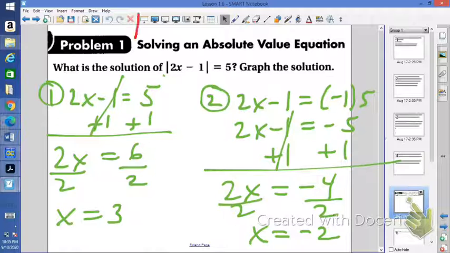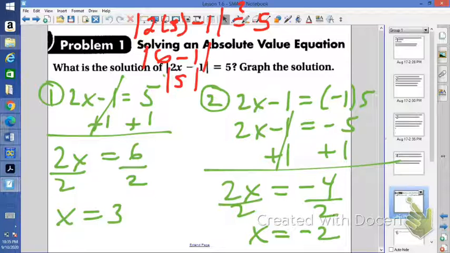The absolute value of 2 times 3 minus 1, does that equal 5? Well, 2 times 3 is 6, minus 1 is 5. Does the absolute value of 5 equal 5?